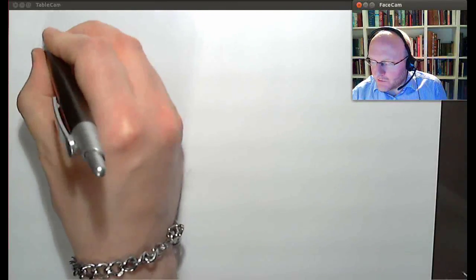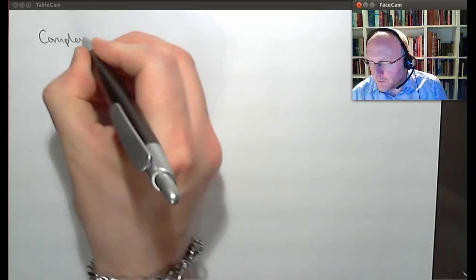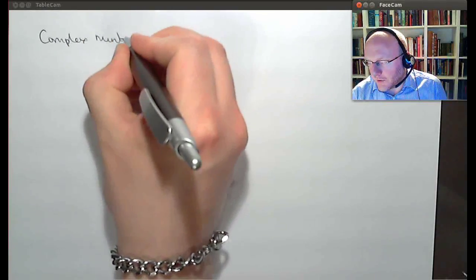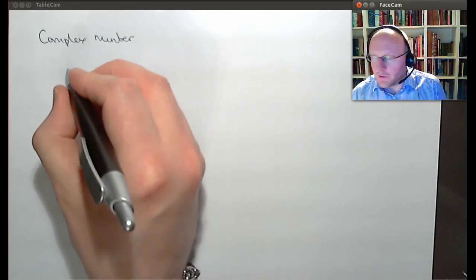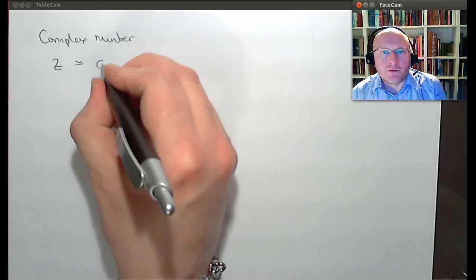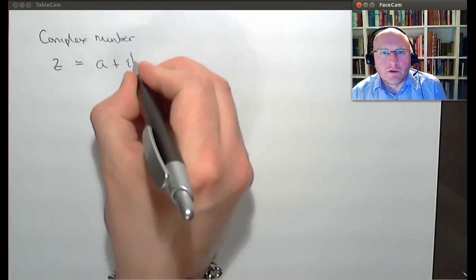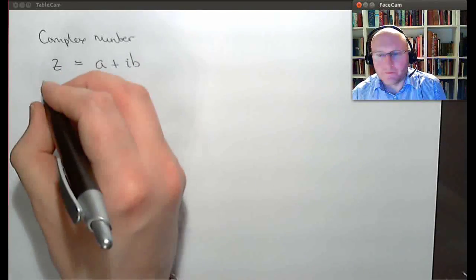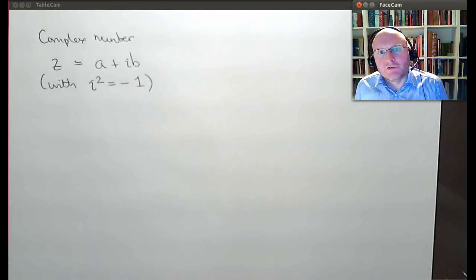So the first thing I want to do is to remind you what a complex number looks like. A complex number is a quantity z which we can write in the following form as a plus ib. And the thing which distinguishes a complex number from a real number is that the factor i there is the square root of -1.